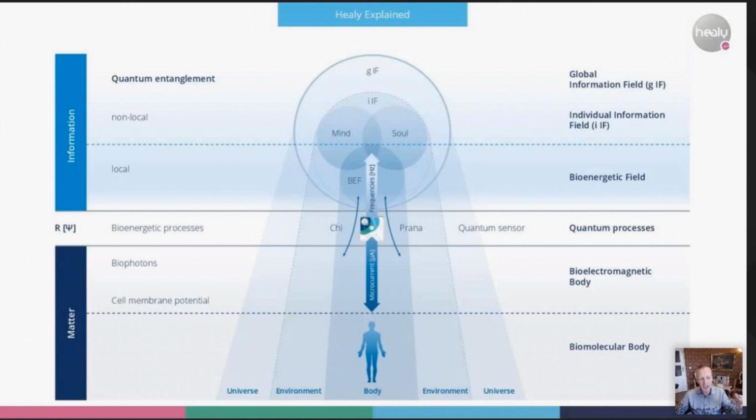So quantum entanglement is a very specific term from quantum physics, but I want to give you a very clear idea of what it is. If you have two things, like the Healy and the small statue, and they were once connected in a quantum process, even if they move very far away from each other and are separated, they will still be connected by quantum entanglement.